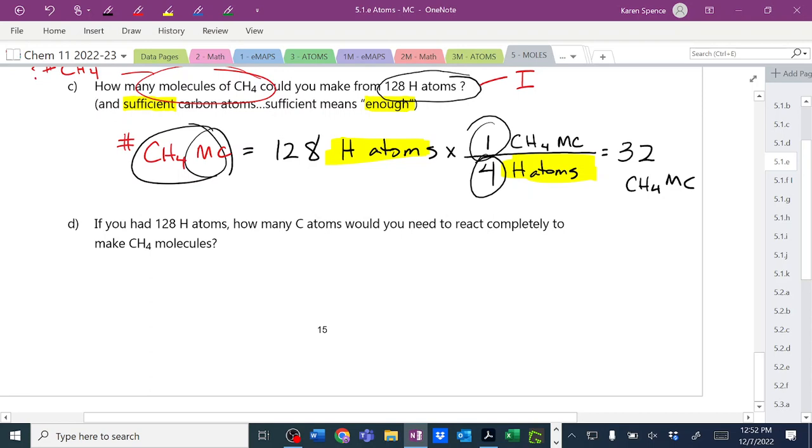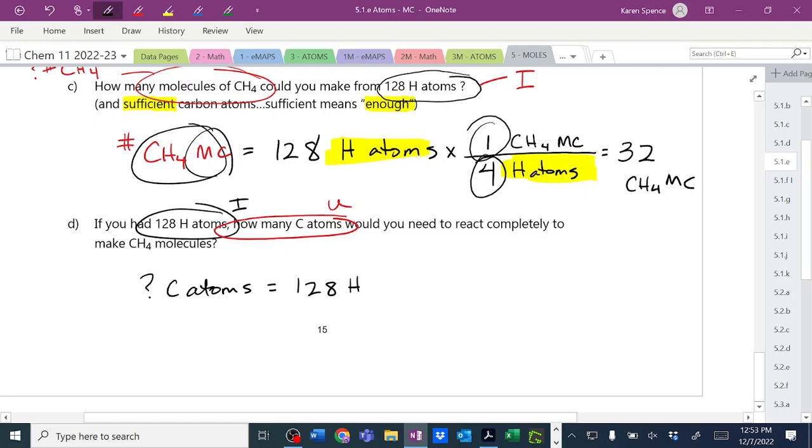Now we have 128 H atoms. That's our initial quantity. How many carbon atoms would you need to react completely? Exactly. And how did you get that? So we don't know how many carbon atoms equals 128 times, and what do we have?